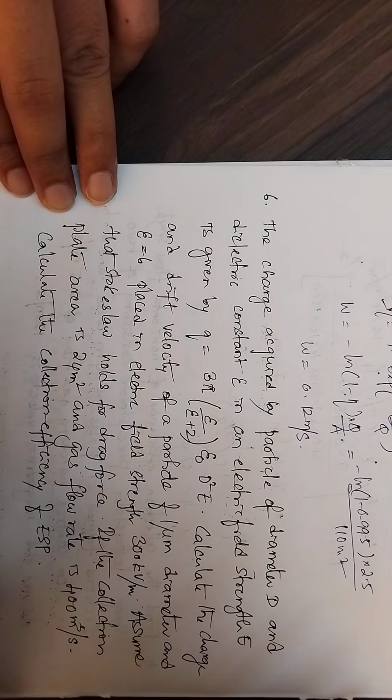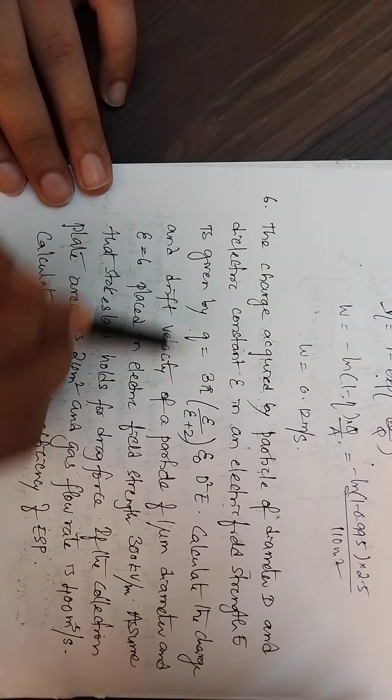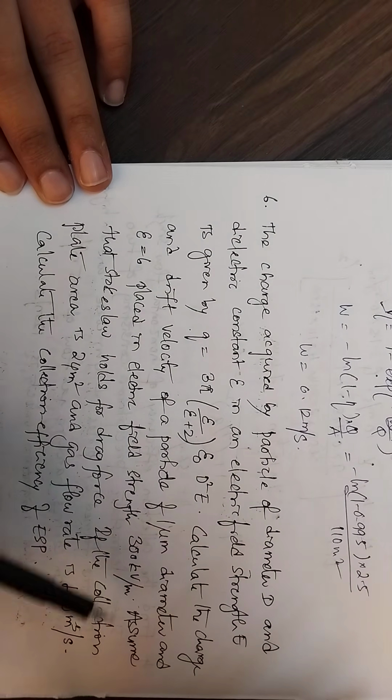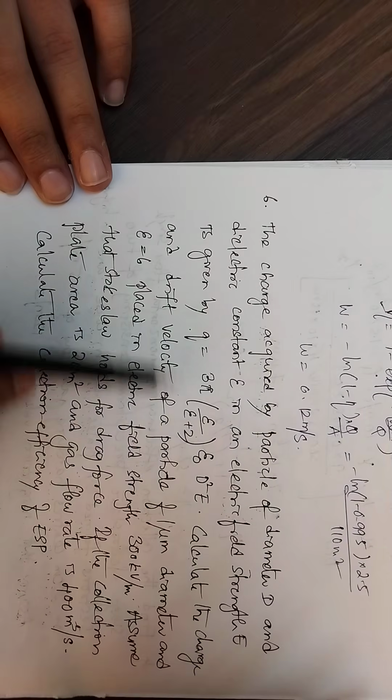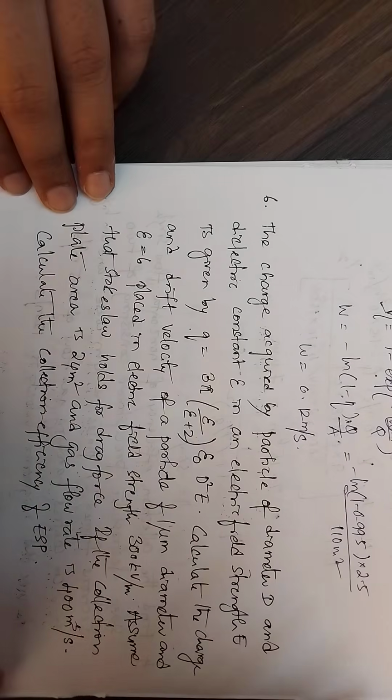Okay, so we are given how to calculate the Q, then we have to calculate by substituting those values. We have to calculate the charge, then drift velocity, and then collection efficiency.